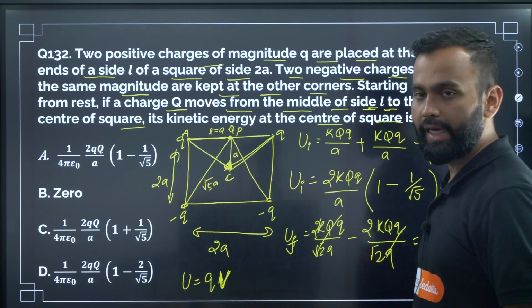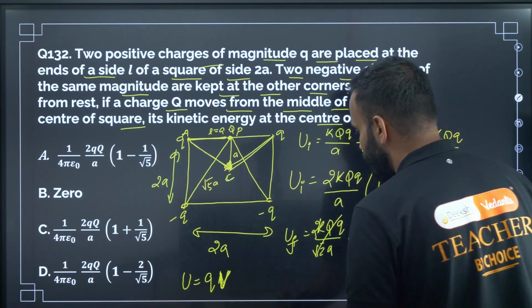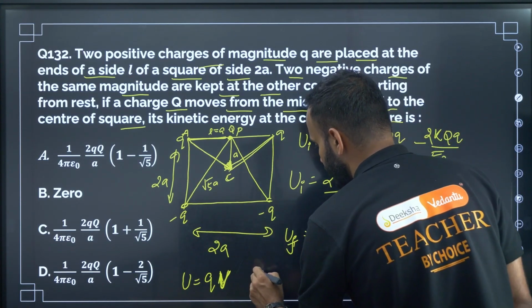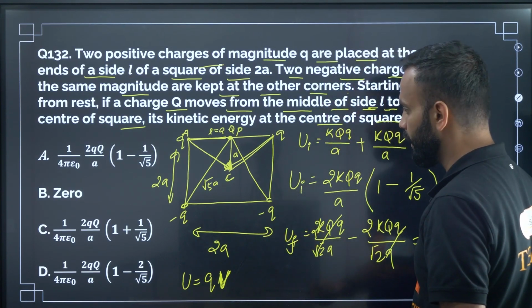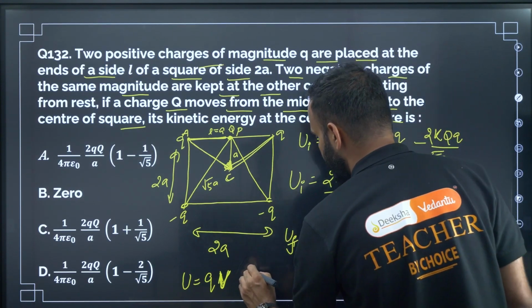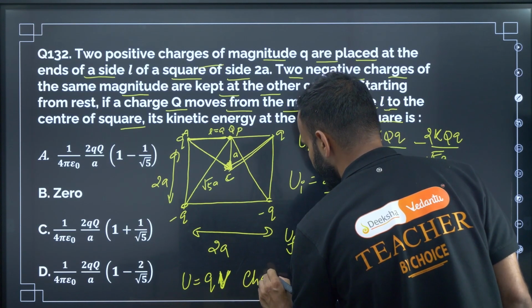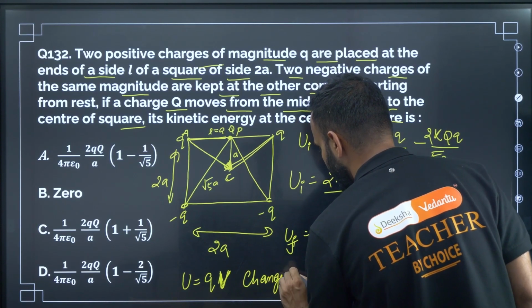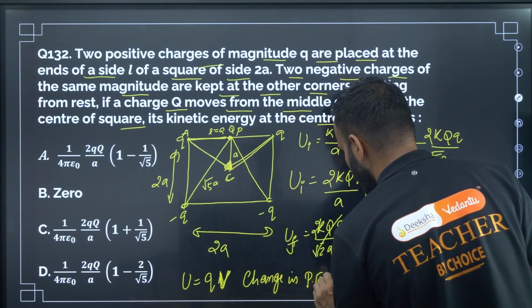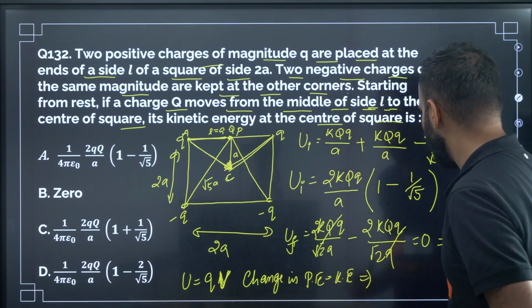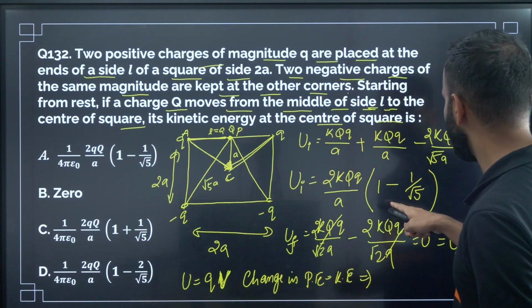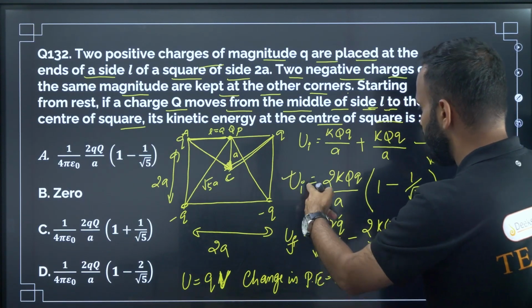Now we need to find the kinetic energy, right? So here the kinetic energy is the change in potential energy, isn't it? So the change in potential energy is equal to the kinetic energy. What is the change in potential energy? It is Uf minus Ui.